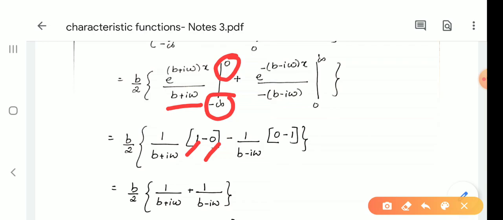Similarly, minus 1 by b minus I omega into, when we put the upper limit, e to the power minus infinity becomes 0, minus e to the power 0 becomes 1.